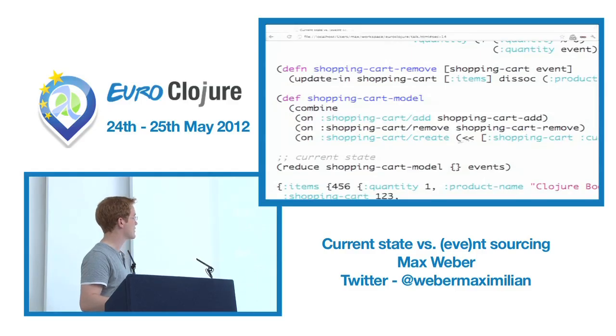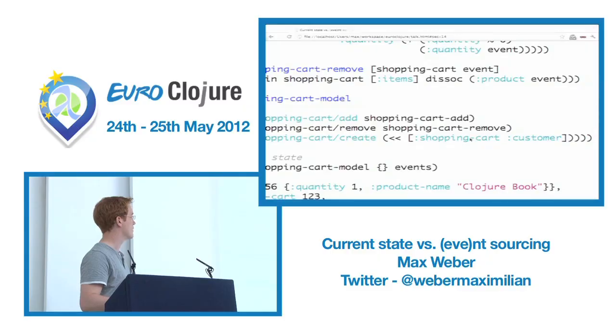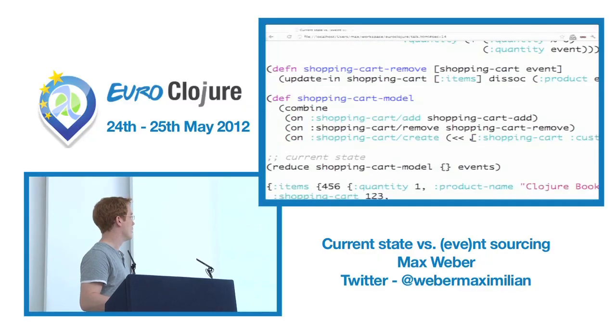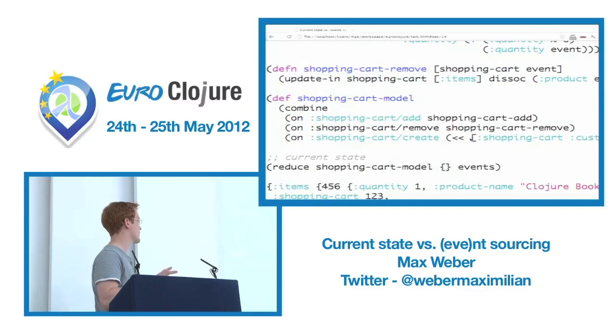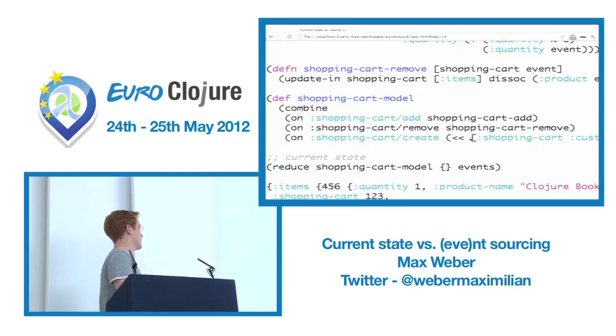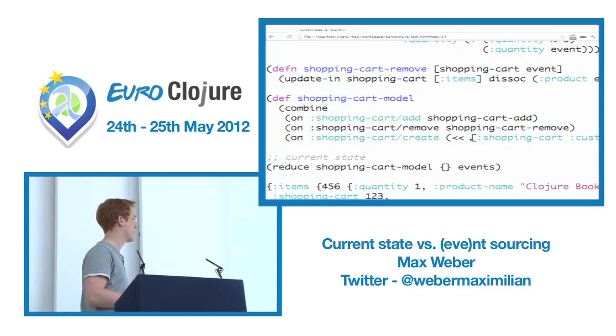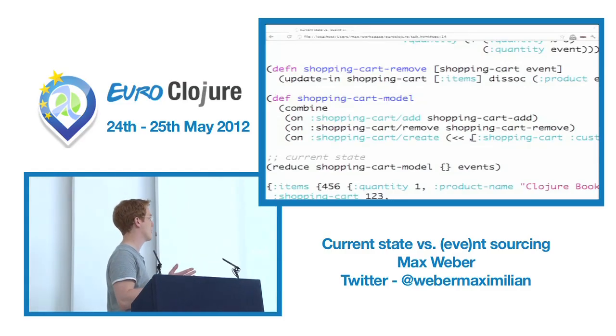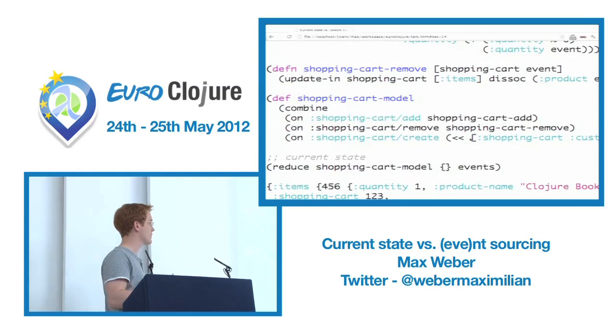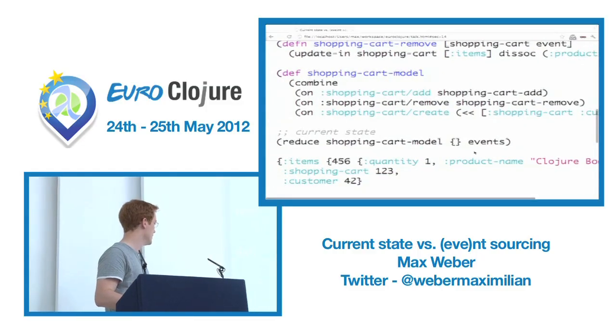And there are also some helper functions like this one, which simply helps you in the common case that you have to transfer the data from one map to another map, which is often the case because you transfer the event data into the current state model all the time.